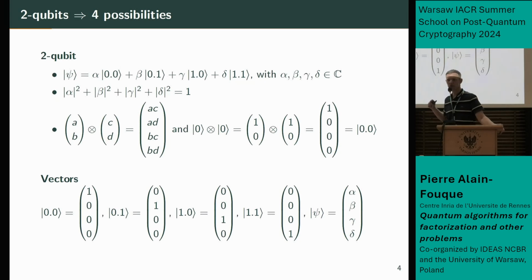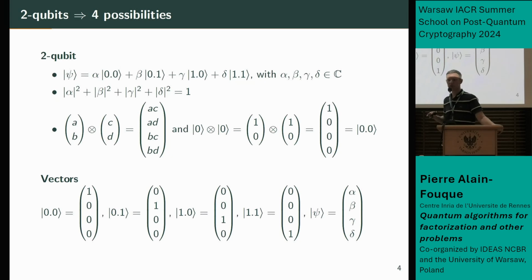Okay, so it's not difficult to see that this tensor product is not commutative. If I compute this in two different ways, I will get maybe two different results. For instance, if I begin with ket0 times ket0, it's exactly (1, 0) tensor (1, 0), and so you will get (1, 0, 0, 0), which is exactly ket00.